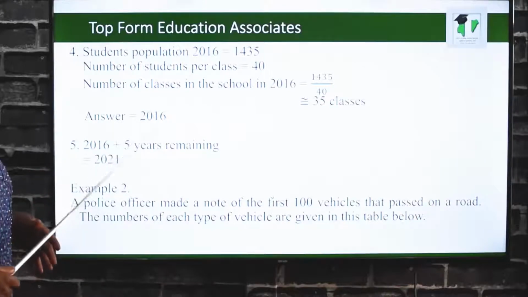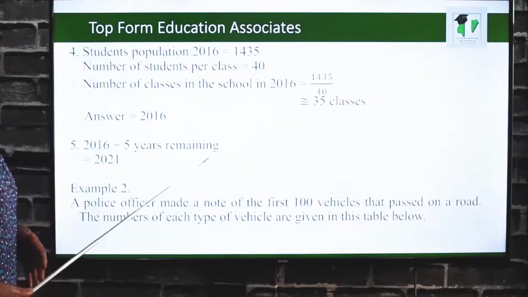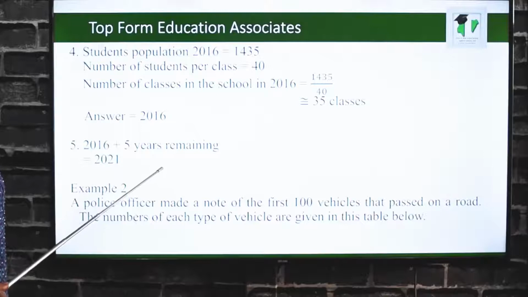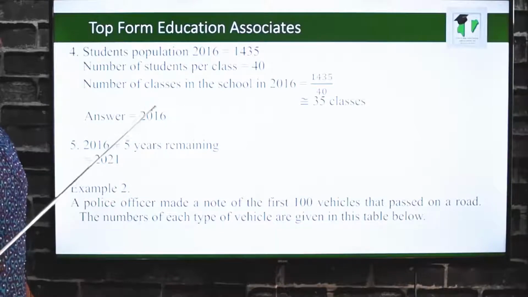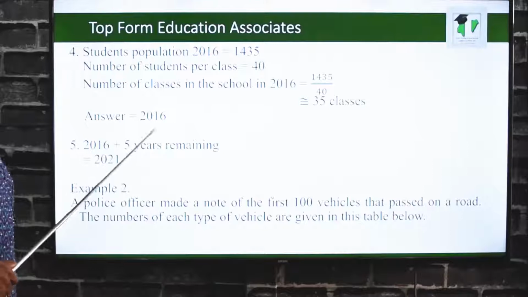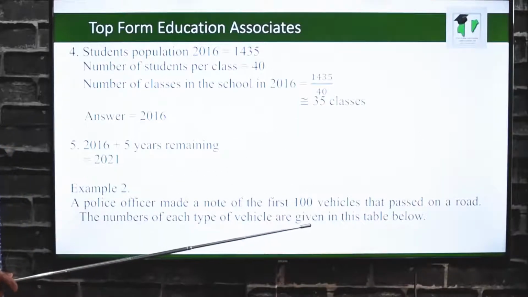So to get to SS3, they need an extra 5 years. So you add these 5 years to 2016, and you will have 2021. So in the year 2021, the JS1 created in 2016, the students will be in SS3, getting ready for their SSCE.